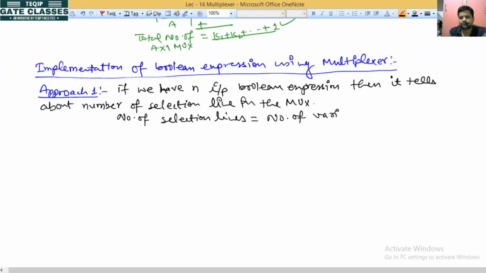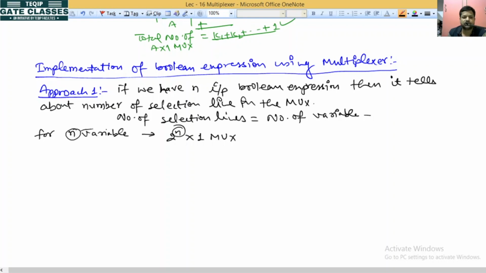Okay na. So if there are n variables, which mux is required? 2 to the power n cross 1 mux. Okay na. Because here n denotes the number of selection lines.